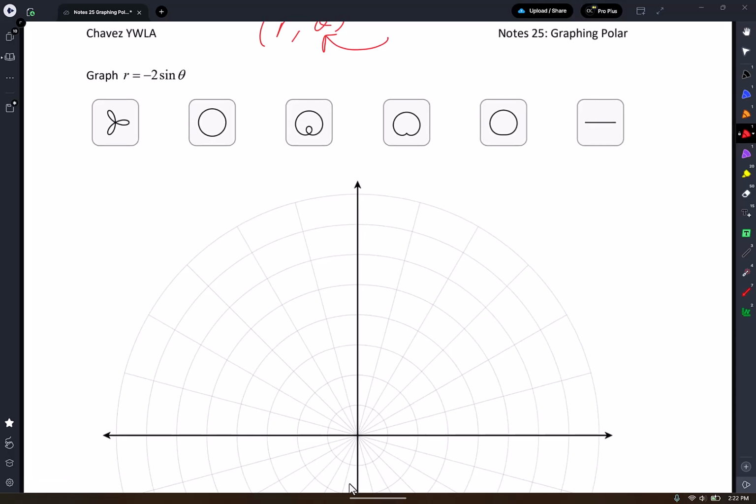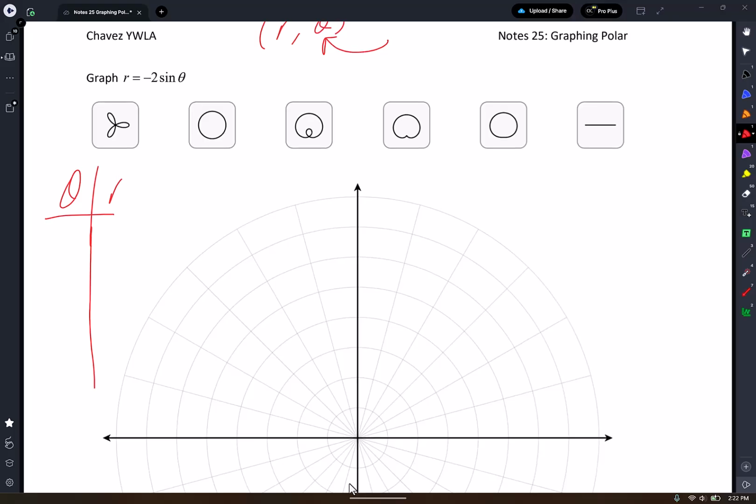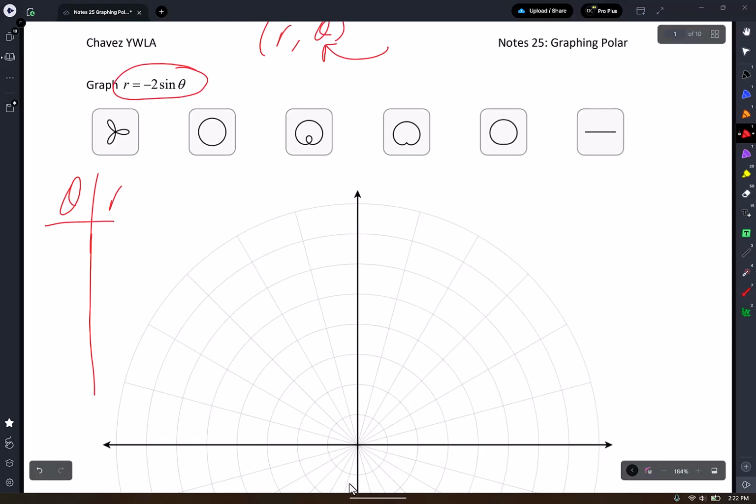I'm going to make a table, theta and r, and I'm basing it off of this equation. And these are the tabs of the possible graphs that I can have. We're still okay? Nothing crazy? All right, so check it out. I'm going to start at 0 degrees, or 0 radians.